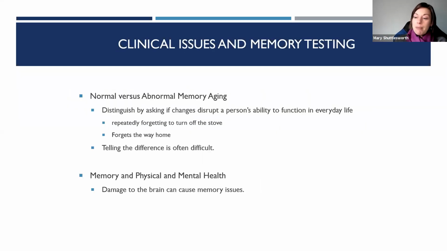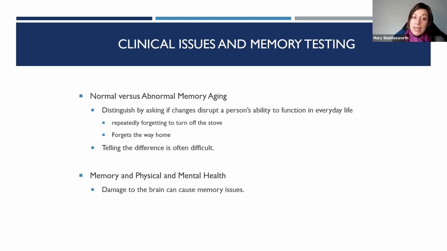All right, and when we talk about memory testing and some of the clinical issues that come up here, this is a challenge, right? If we want to try to distinguish between typical normal age-related changes in forgetting versus some kind of clinical issue, so dementia, for example. What we want to do to distinguish between what's the normal expectation and what perhaps is cause for concern is look first at how the changes in memory connect to this person's ability to function in everyday life.